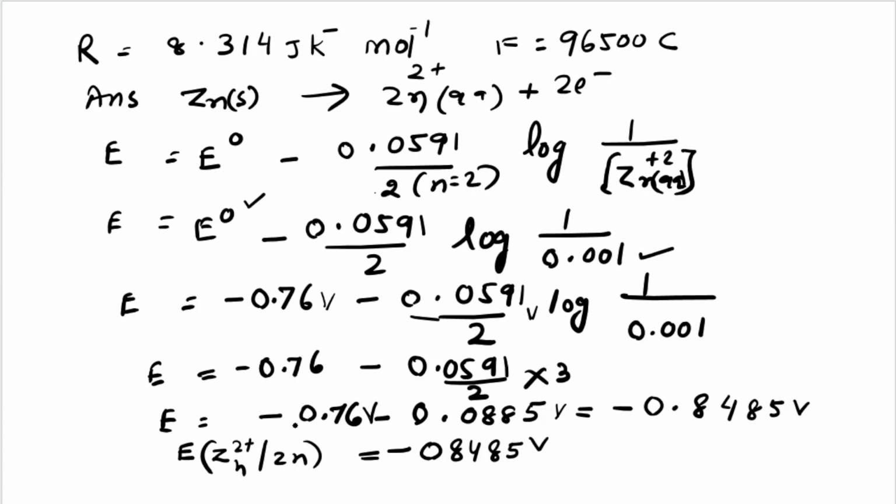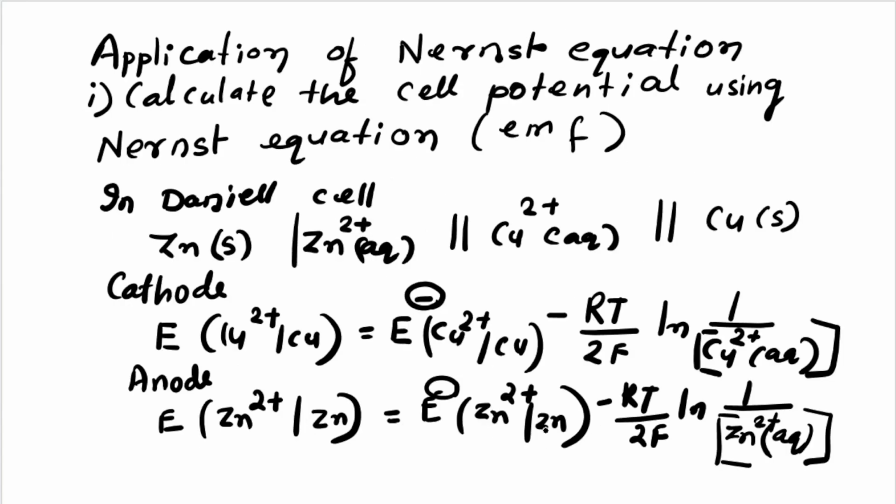That means E of Zn2+/Zn here is the cell potential, not E0, remember: the potential of this electrode is minus 0.8485 volt. This is the one question.